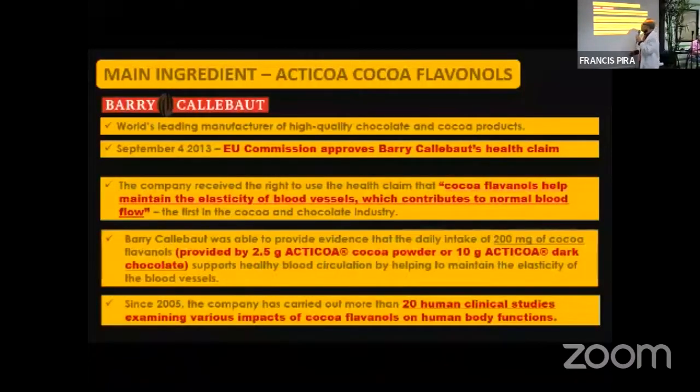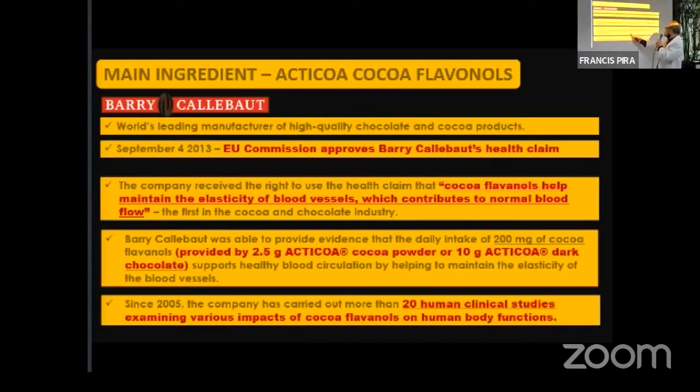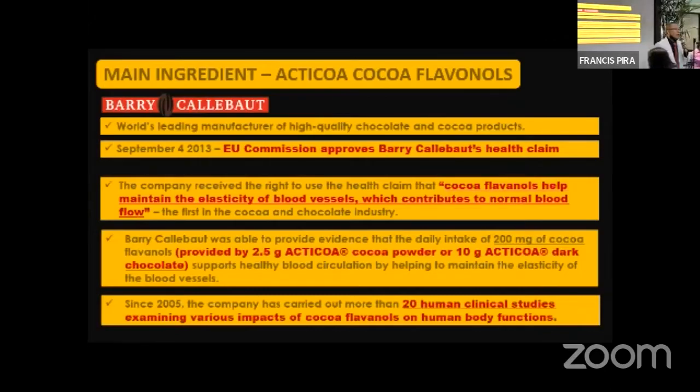So Barry Callebaut was able to provide evidence that the daily intake of 200 milligrams of cocoa flavonols will help support blood circulation very well by helping maintain the elasticity of the blood vessel. Aside from that, the elasticity of the blood vessel is also contributed by the abundance of collagen.